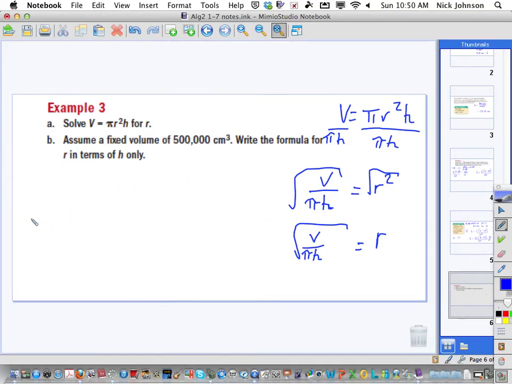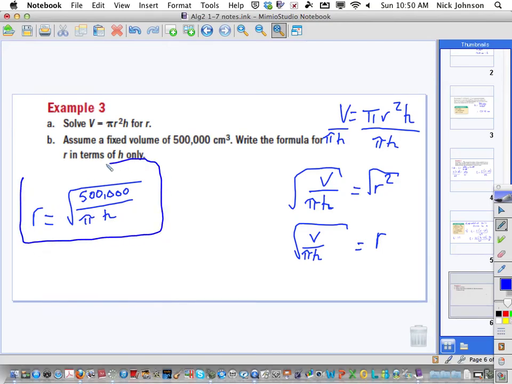What that's saying is that h is the only unknown variable. So the square root of 500,000 divided by pi h. And so this is a formula for r in terms of h only, because h is our only variable.